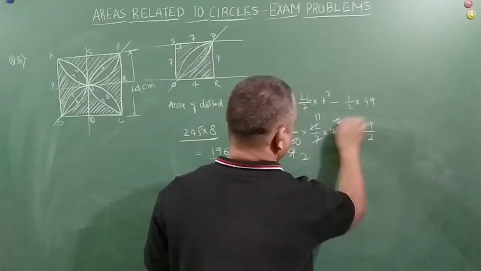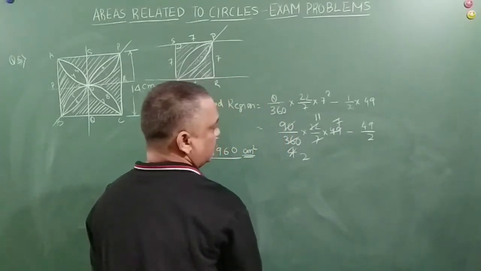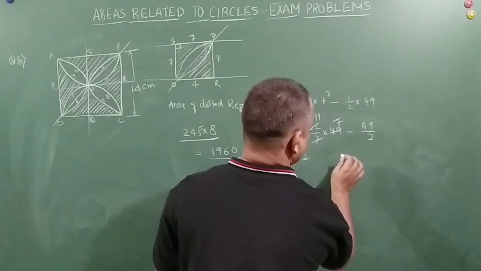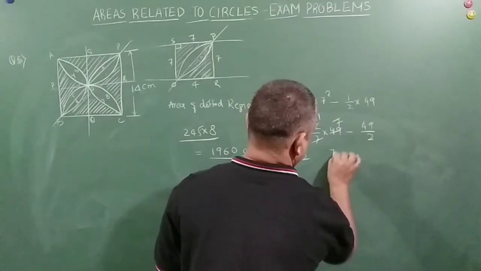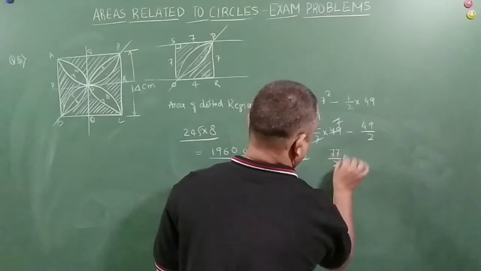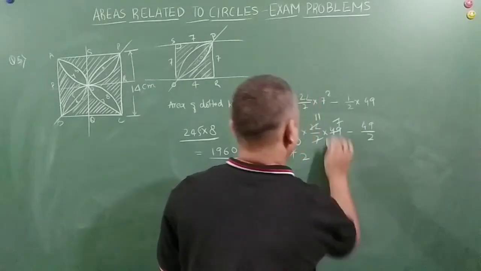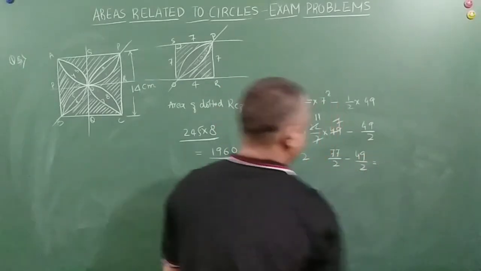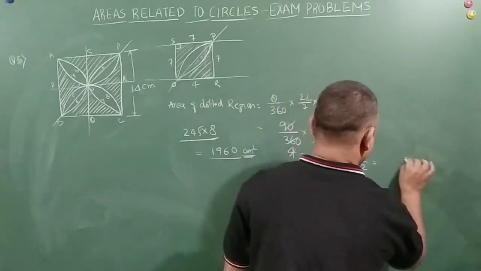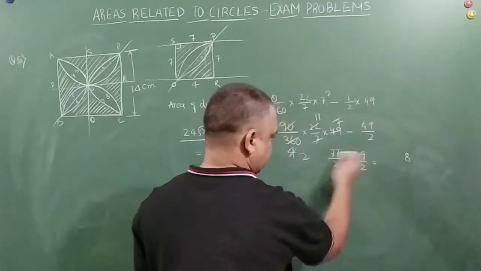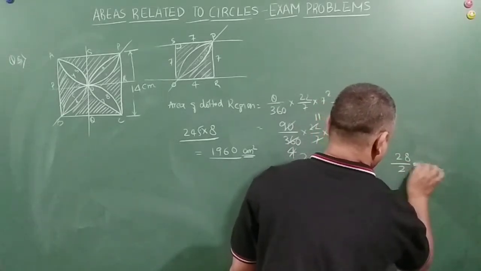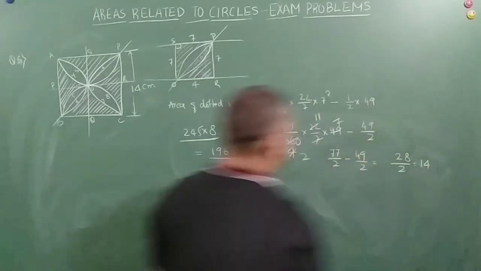And 7. Okay, so this becomes 77 by 2. That's right. 77 by 2, correct? No, that is 49 by 2, that is equal to 8. Okay, 6 minus 2 is 4, 6 minus 4 is 2, divide by 2, that is equal to 14, right?